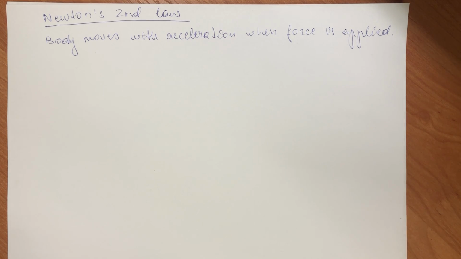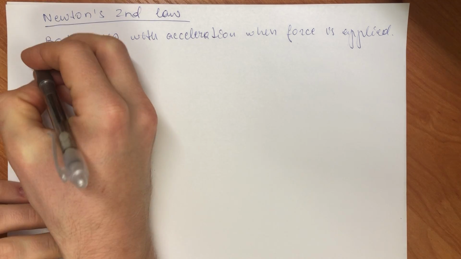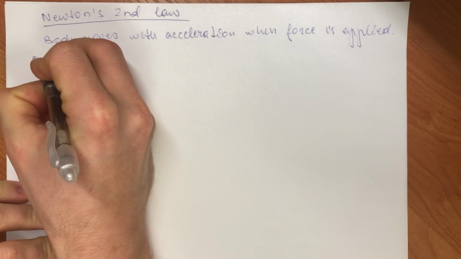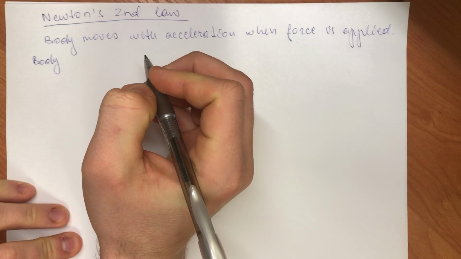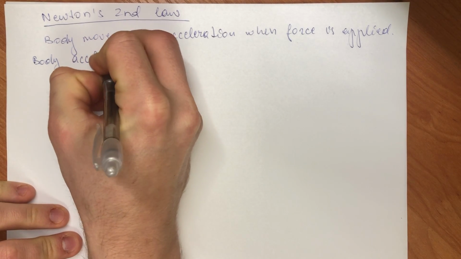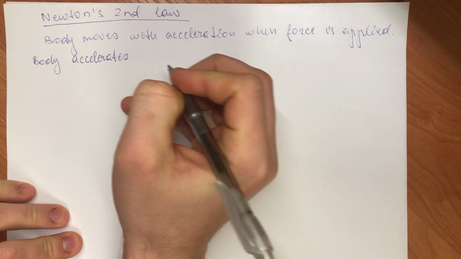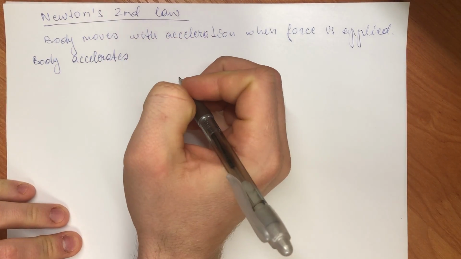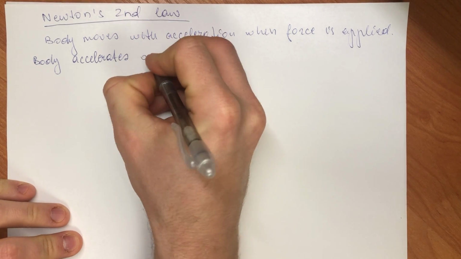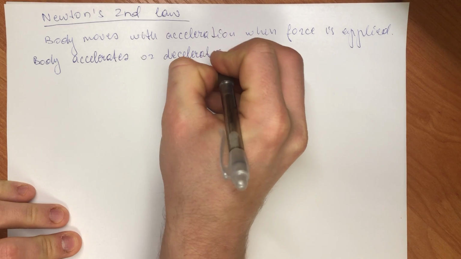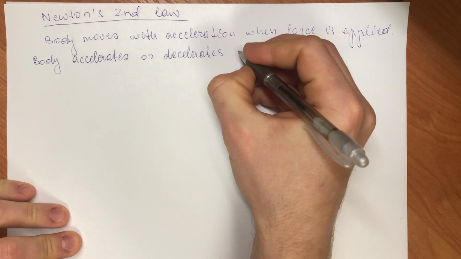So we can write another similar sentence, maybe it will be easier for you to understand: body accelerates, it means that velocity increases, or decelerates. Decelerates means that velocity decreases.